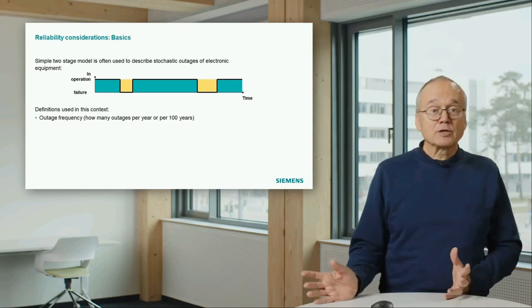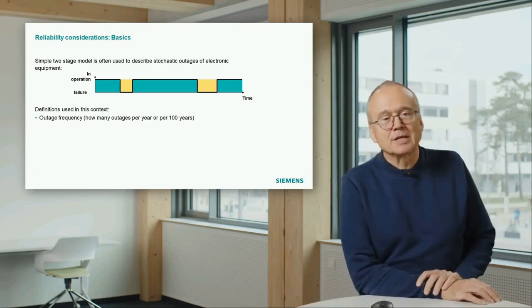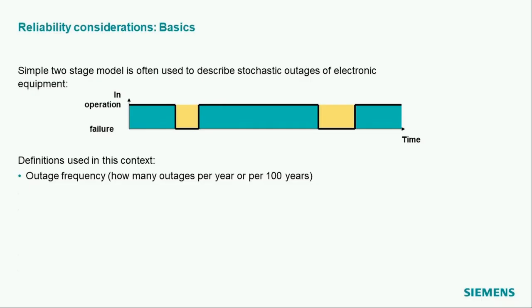We sometimes mention, for instance, the outage frequency. That means how many outages you have per year, or does a component on average have per year or per 100 years. That is the outage frequency.